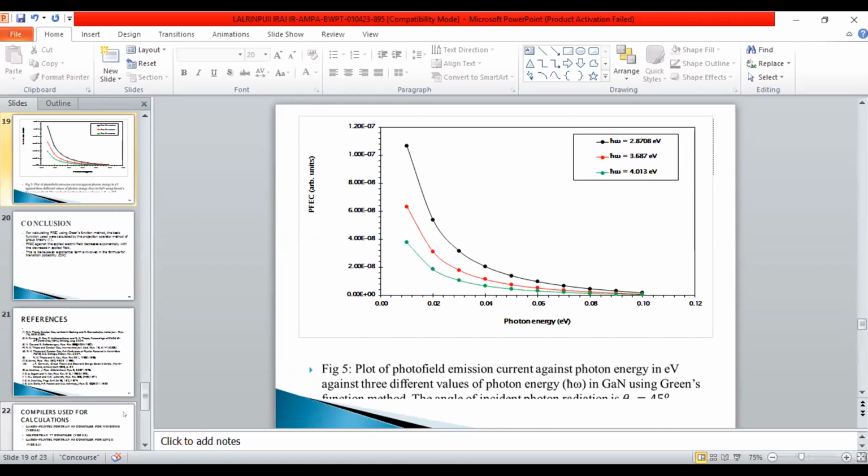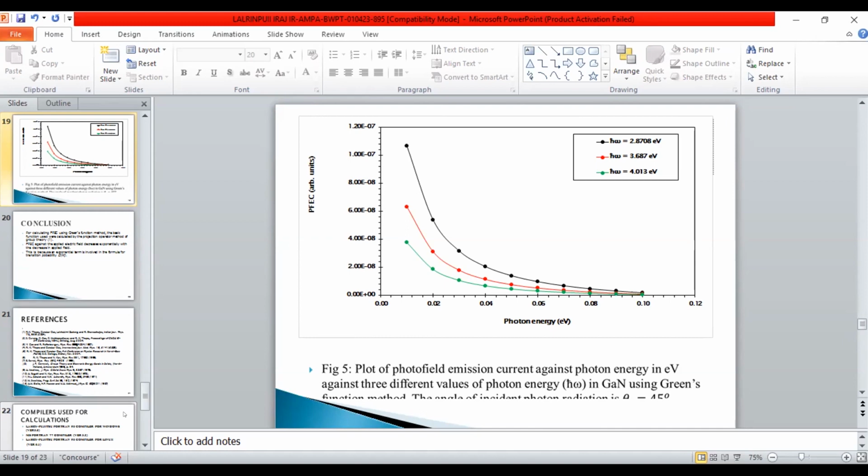From the plot, we have seen that as the value of applied electric field increases, photo field emission current decreases from a high value towards minimum in an exponential manner for all the three different values of photon energy. This is the reason that an exponential term is present in the transition probability formula.